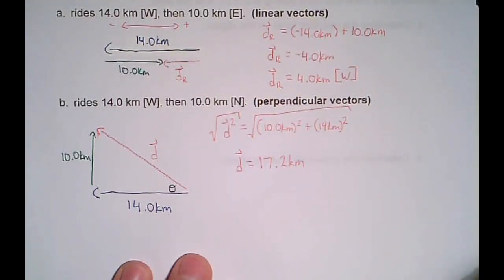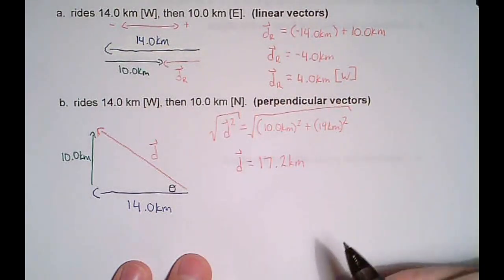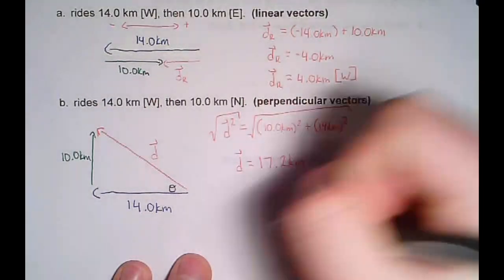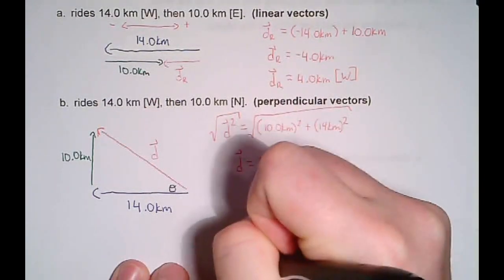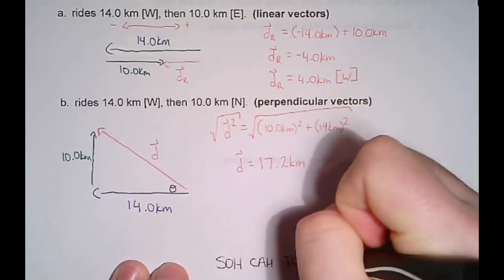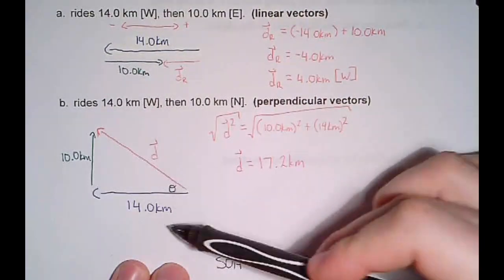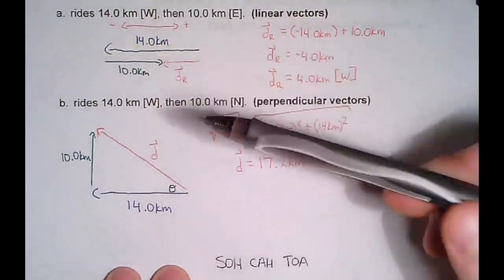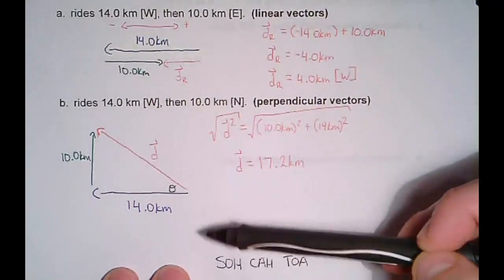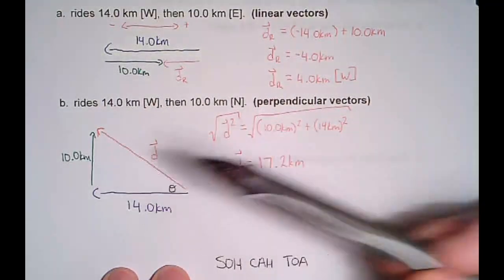Again, we're not done. We need to find the angle at which he heads, the direction in which he's headed. So we can use what we learned last week, SOHCAHTOA. Now we know the distance of all three lines. However, we're going to use the opposite and the adjacent because those are the ones that are given to us. In case we made any mistake in our calculations, we would still get the proper angle.